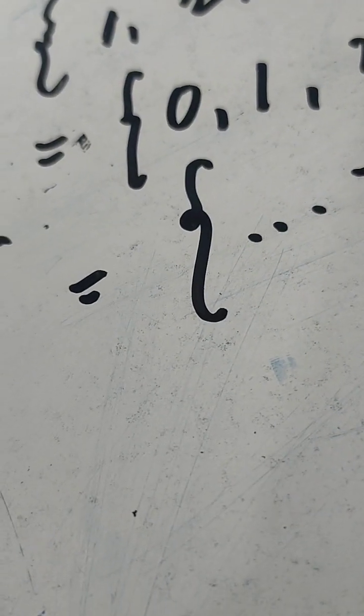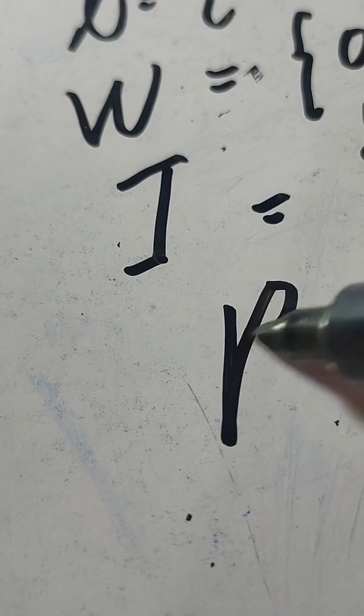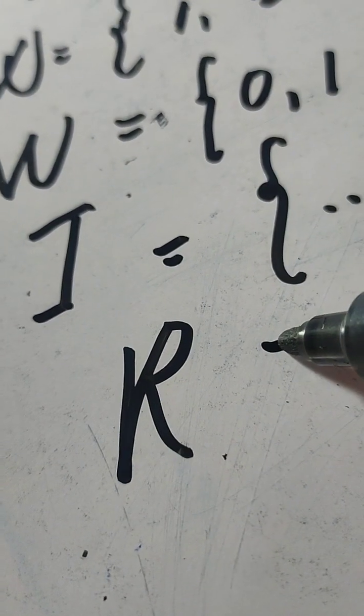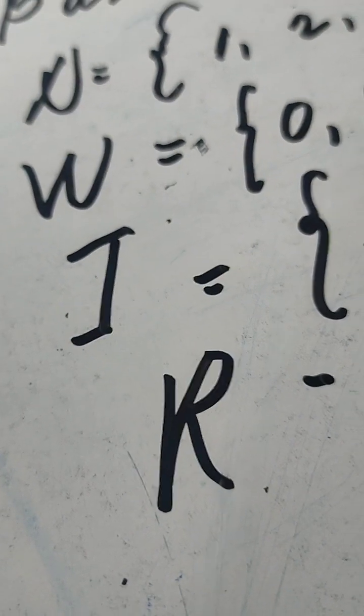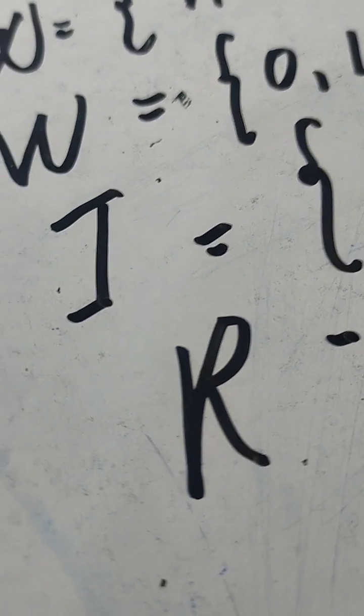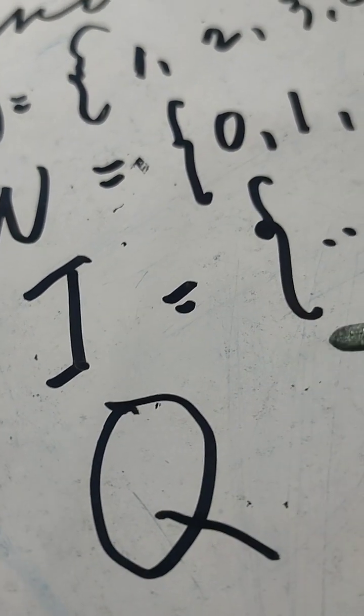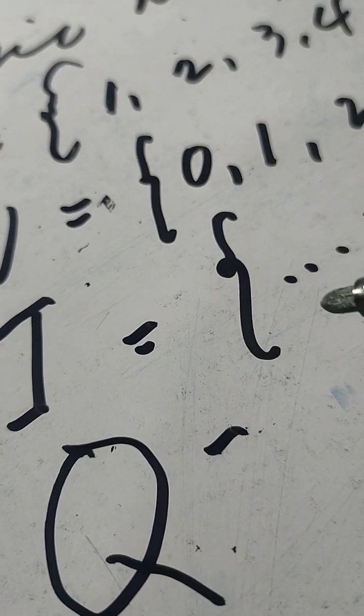And then we have rational numbers, Q. By the way, this is not R. There are authorities that use Q to symbolize rational numbers.